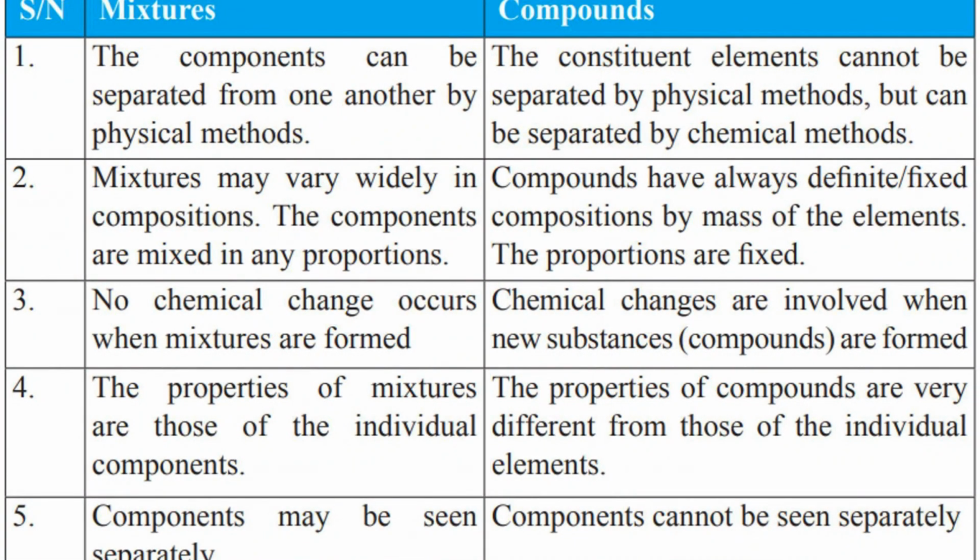In the table given, it shows the differences between a mixture and a compound. They are just the same as the previous ones, which we have seen in that previous video. So keep reading and make some notes so that you can understand it clearly.